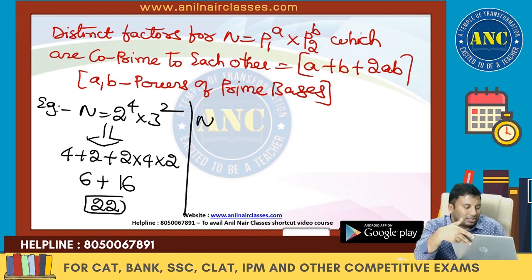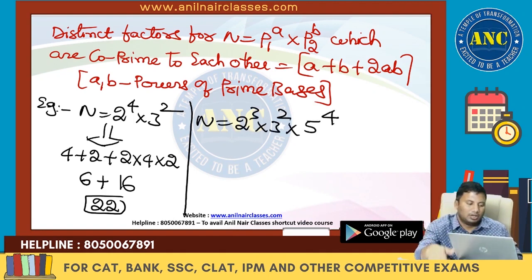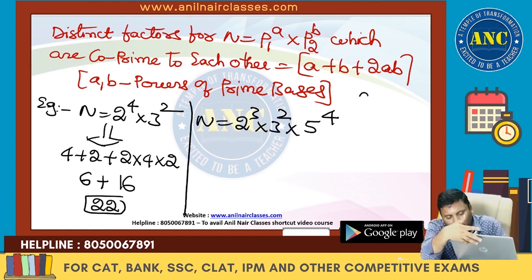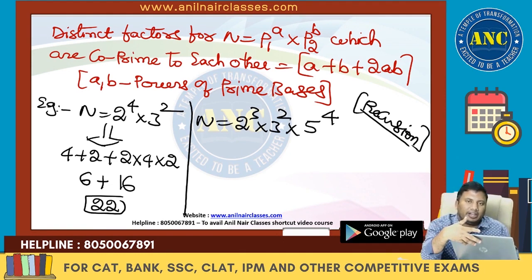Suppose it is 3 prime bases, 2 cube into 3 square into 5 power 4. Apply the rule of recursion. Take any 2, get the answer, and do it with the third one.